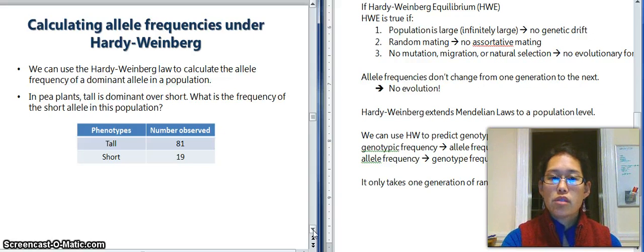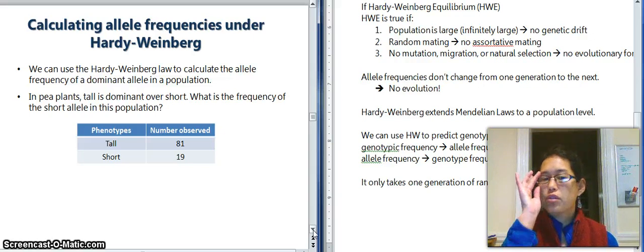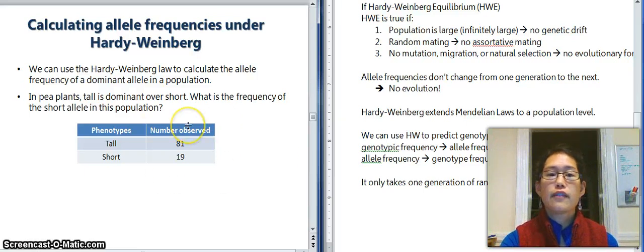So we can also use Hardy-Weinberg to calculate allele frequencies given phenotypes. So far we've really only been talking about genotypes and allele frequencies. Well, what about phenotypes? Let's say we have pea plants and tall is dominant over short.